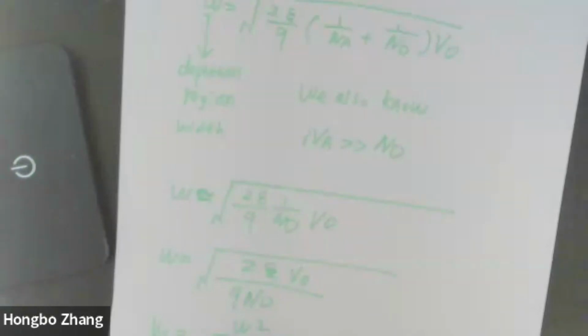Therefore VO, this Brillouin voltage, is equal to W squared. Square both sides: left side squared, right side squared. W squared divided by 2 times the permittivity times Q and ND. W here is 0.2 micrometer.